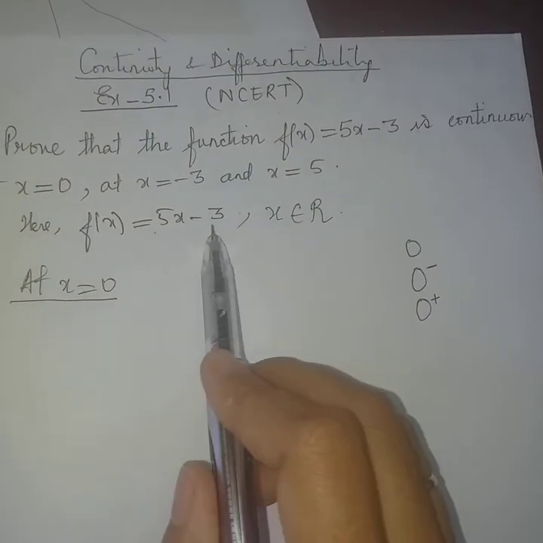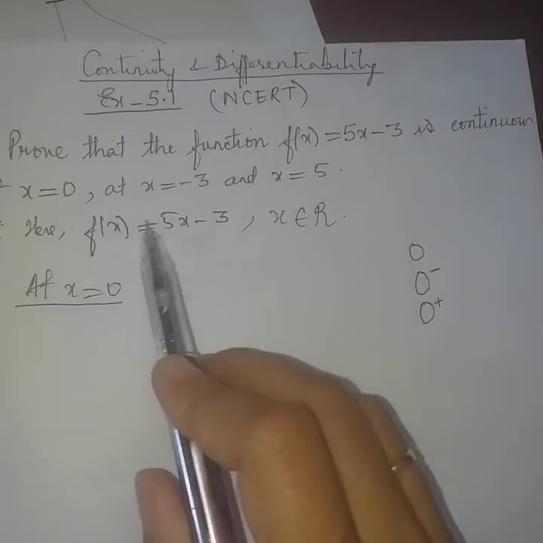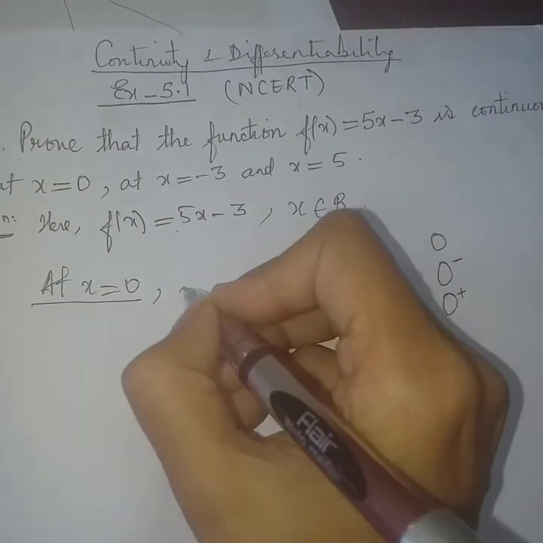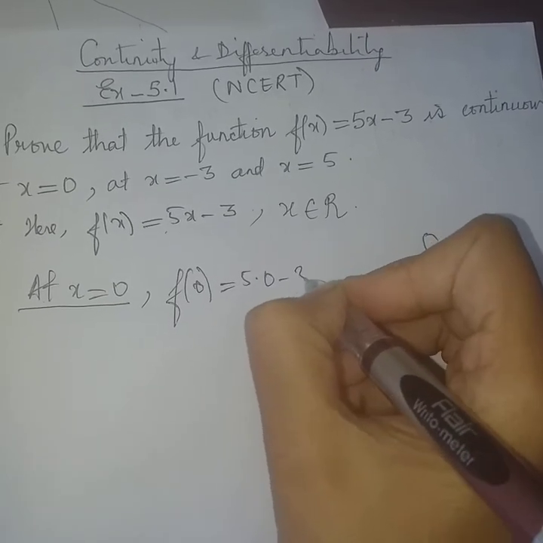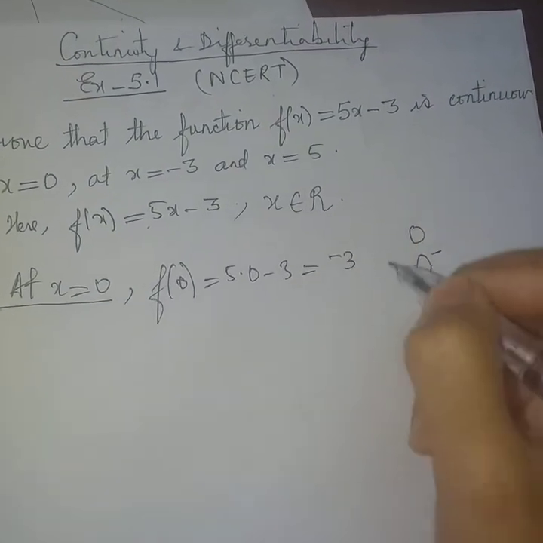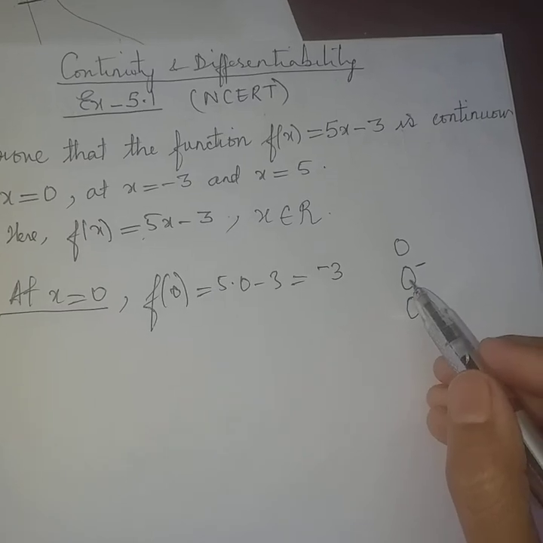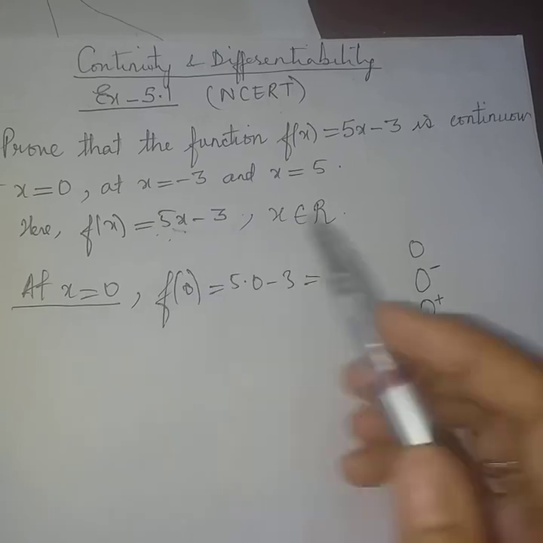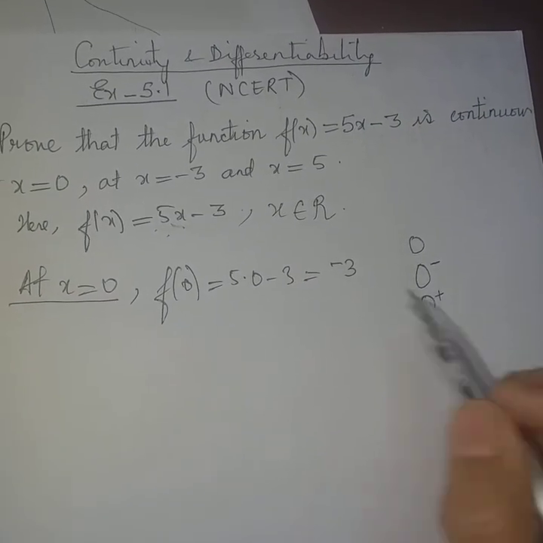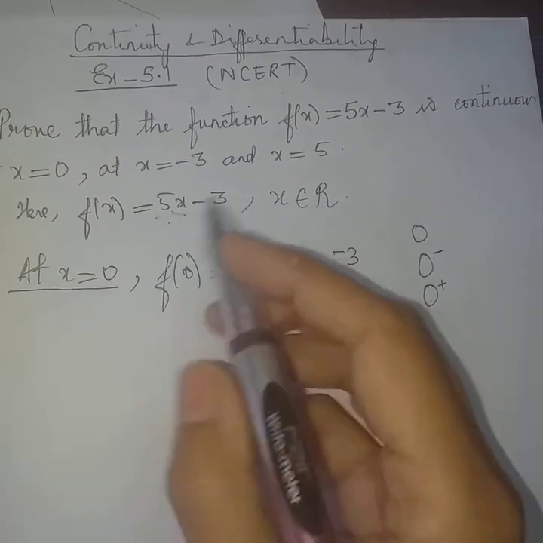Now see the function. At 0, f of 0 will be 5 into 0 minus 3, which is minus 3. And at a point slightly less than 0, the function is the same. And at a point slightly greater than 0, the function is again the same.